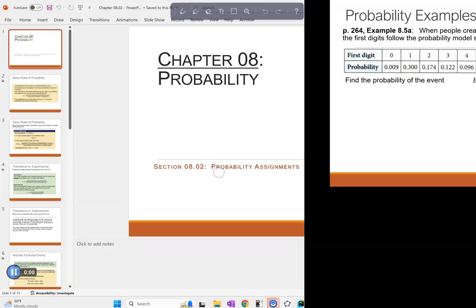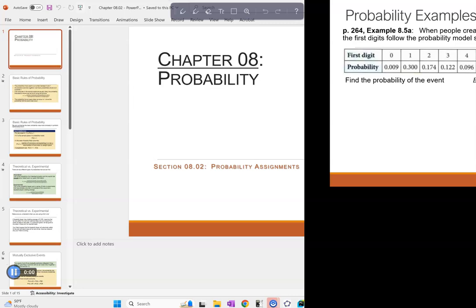Okay. The probability the first digit is more than 5. So what are the digits that are more than 5? 6, 7, 8, 9. So we want the probability could be 6 or 7 or 8 or 9. Now, are these mutually exclusive events?